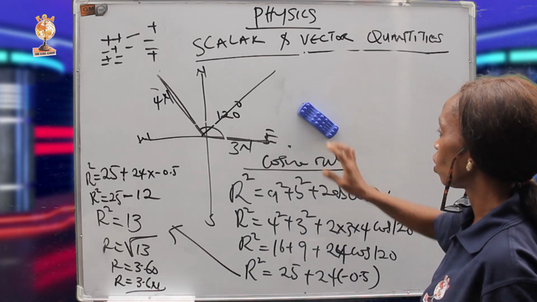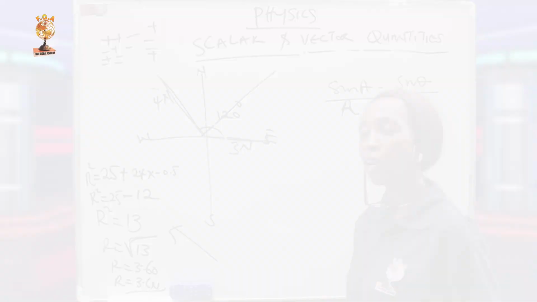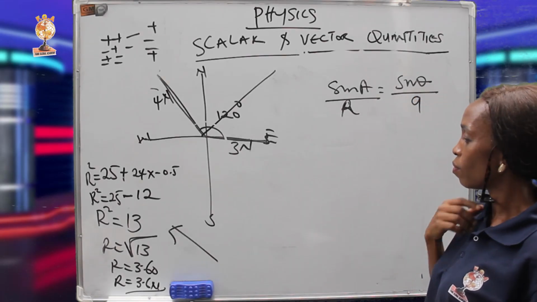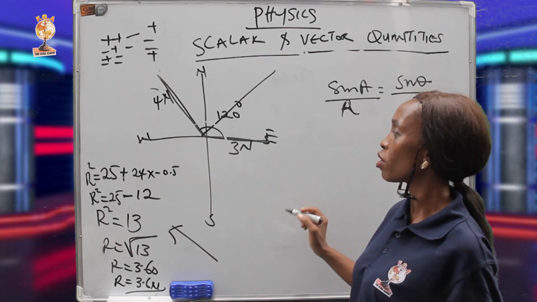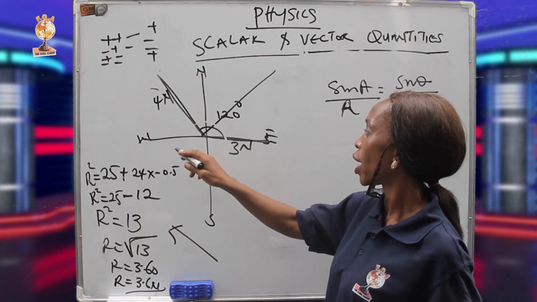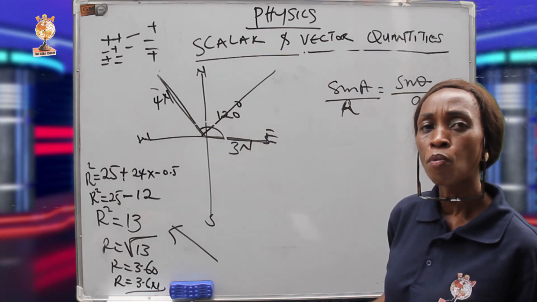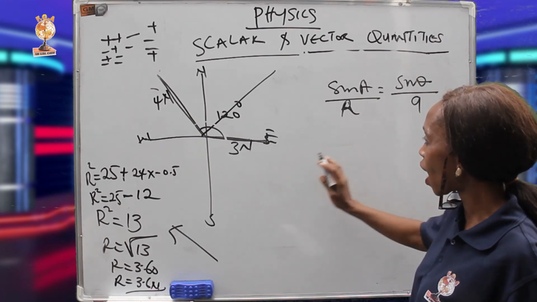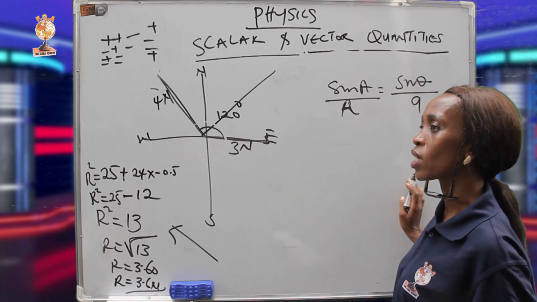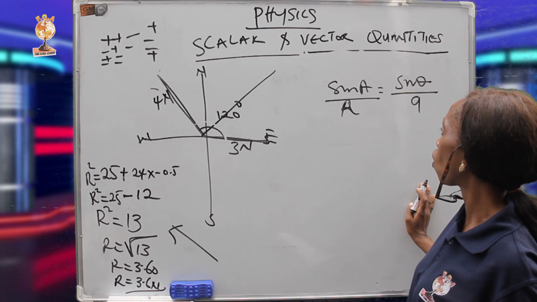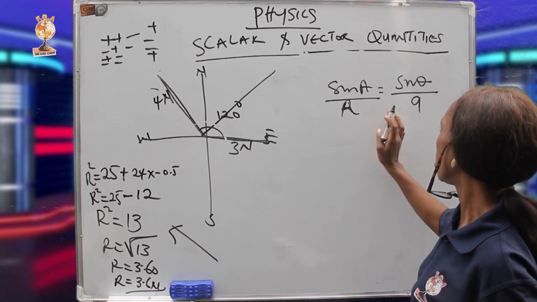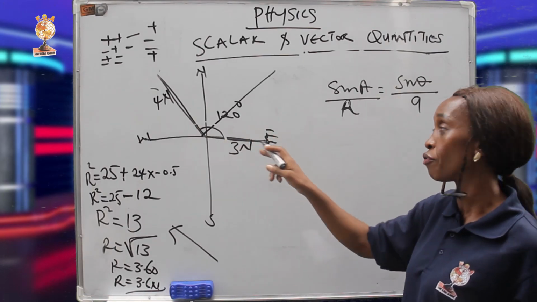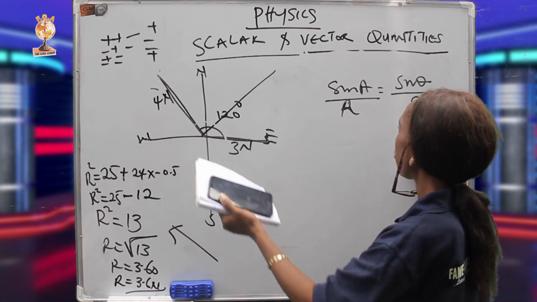Sine rule. When we are looking for the resultant, we are using the cosine rule. But when we are now looking for the angle sustained, we use the sine rule, which is sine A all over R, our resultant, is equal to sine theta, the angle I'm looking for, over A, which is our 4 Newton.